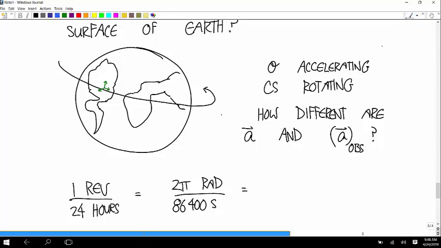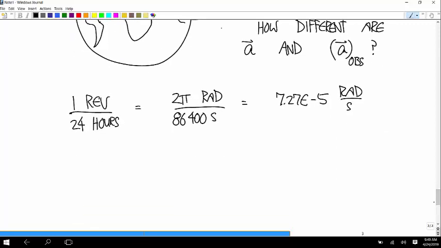Okay. So it's 7.27 times 10 to the minus 5 radians per second. But we do have a big R value, because the radius is, I forget what it is, it's like 10 times 10 to the 6 meters.